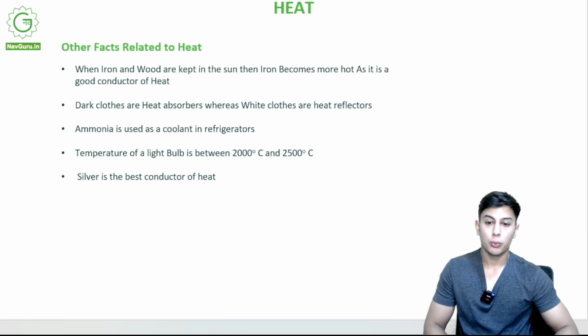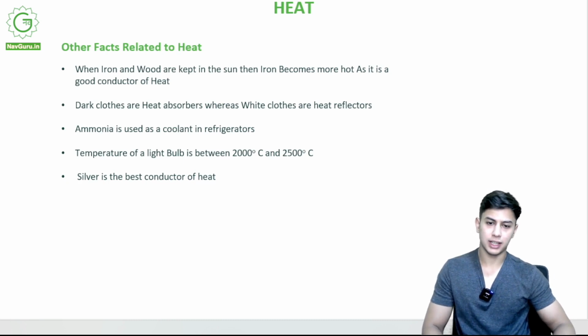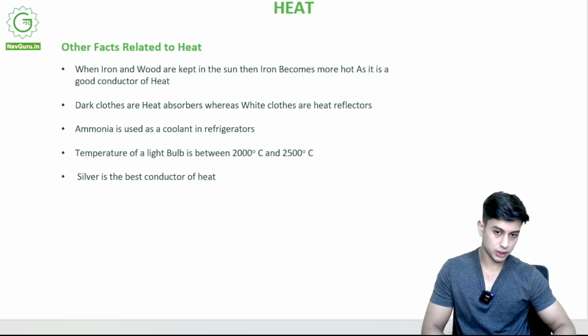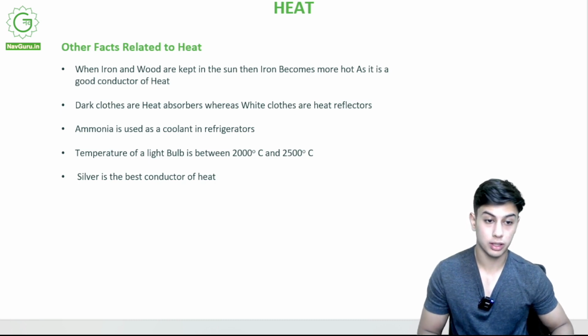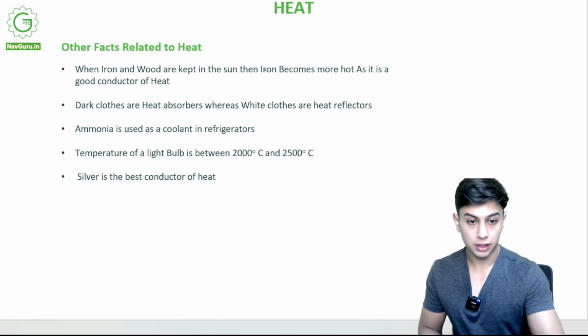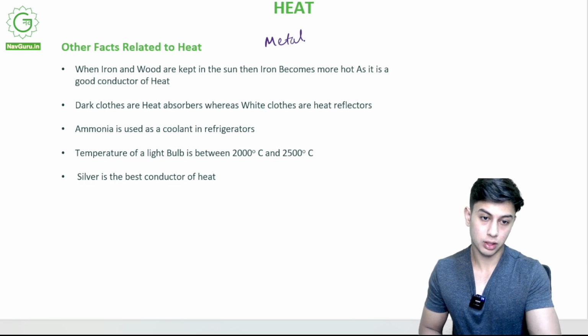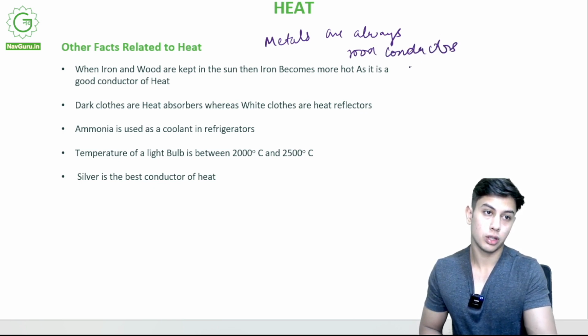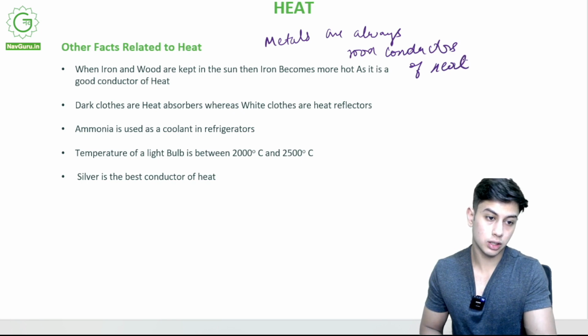Now, these are some other facts related to heat. These can be asked as multiple choice questions, so you should know about these. When iron and wood are kept in the sun, then iron becomes more hot as it is a good conductor of heat. Metals are always good conductors of heat.